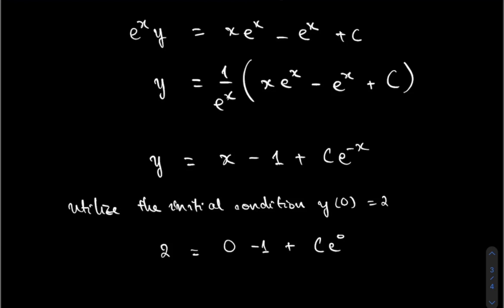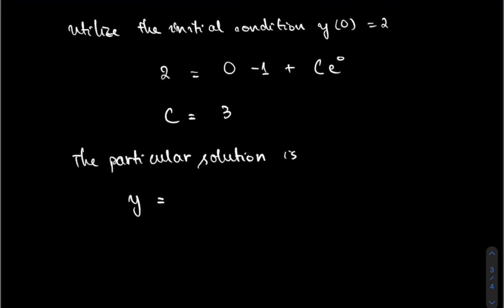You know that e to the 0 is equal to 1, so the solution for c is 3. Now from here you can write down the particular solution as y equal to x minus 1 plus 3 times e to the negative x. So the example is done. We just used the integrating factor to solve the initial value problem.